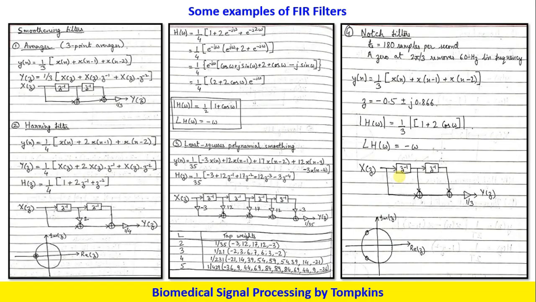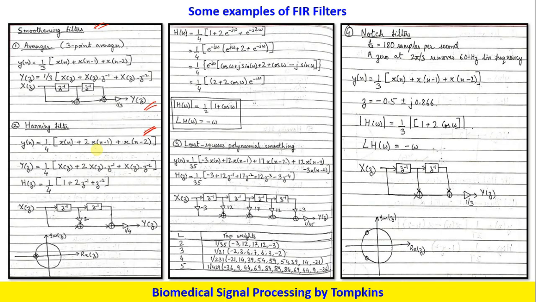Now some examples of FIR filters, again smoothing filters: the 3-point averager filter we have already discussed, and you can implement it. Hanning filter, what kind of filter is it?